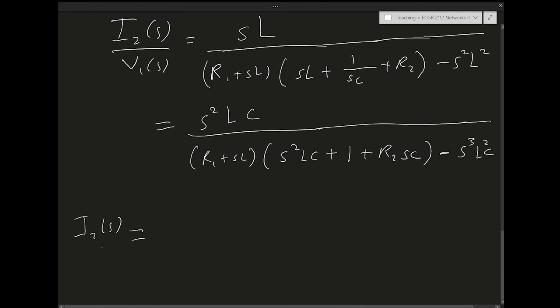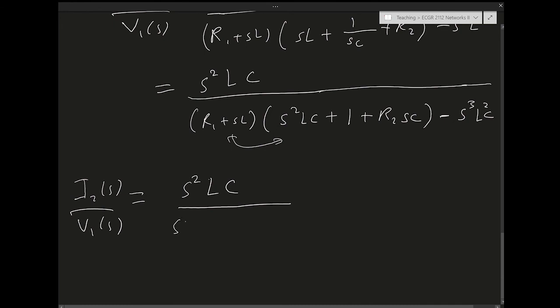So I have I2S over V1S equals S squared LC, and let me do what? Let me I guess multiply those two brackets. So I end up with S squared LC R1 plus R1 plus R1 R2 SC. All I did is multiply R1 in and then multiply SL in.